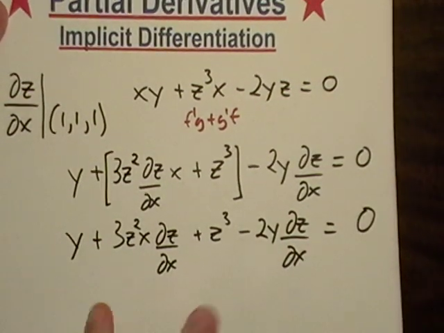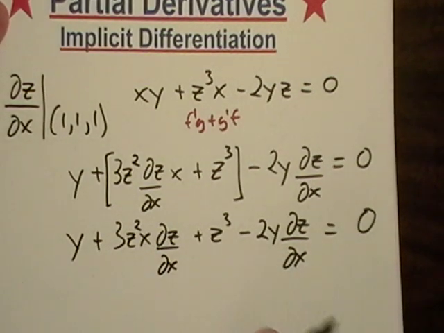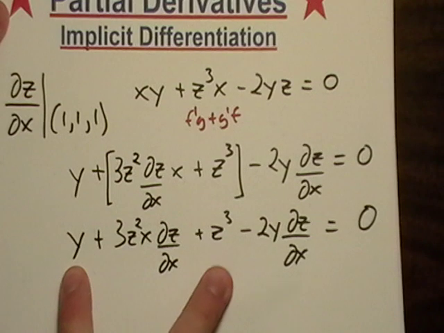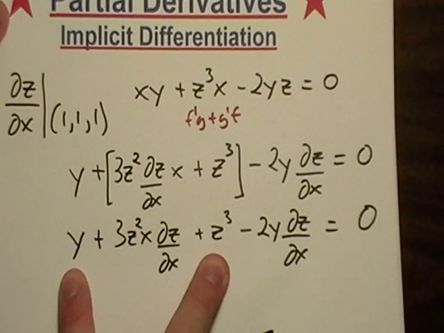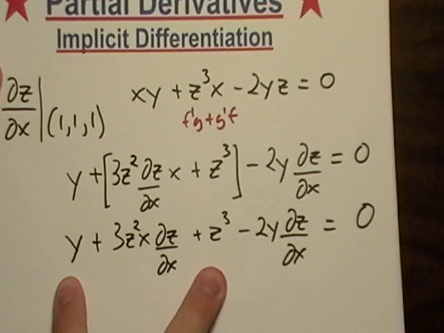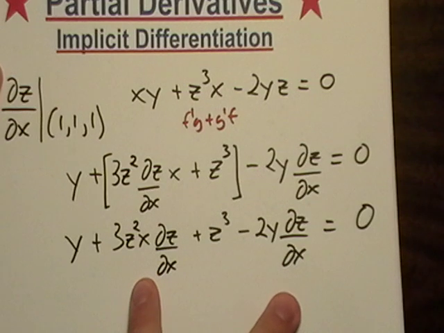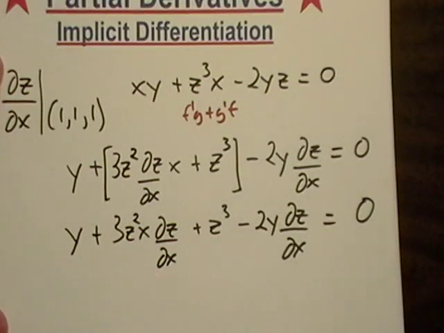Okay, so next thing I can do, I can move over these guys. Actually, okay, I'm going to subtract y, and I'm going to do this all in one swoop. And I think I'll do it in blue, just so it doesn't get confusing. I'm just going to move the y and the 3 over on the other side of the equal sign, and at the same time, I'm going to factor out the partial z, partial x.